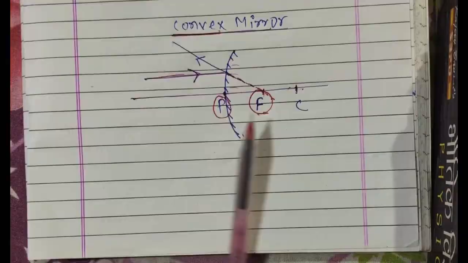Okay, so we have learned about the concave mirror and the convex mirror. You can see that in a concave mirror, the incoming light rays always pass through a point on the principal axis. That point is called the principal focus.